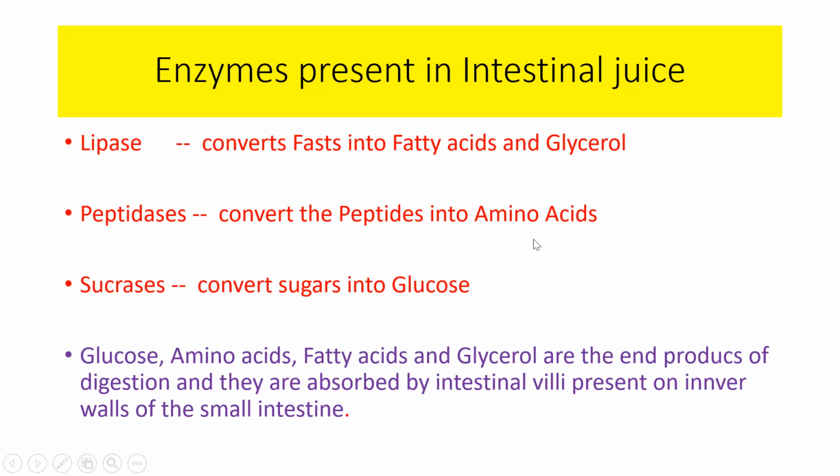So glucose, amino acids, fatty acids and glycerol are the end products of digestion, and they are absorbed by the intestinal villi present on the inner wall of the intestine.